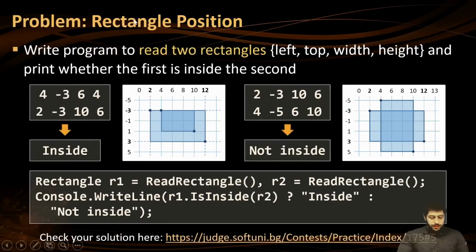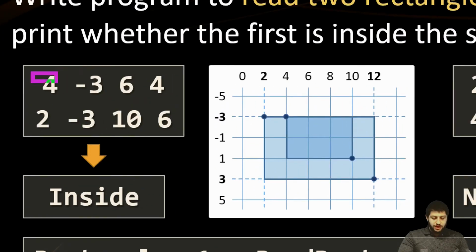Now the way that we need to read the values is that we have 4 and minus 3, which is the x and the y of the top and the left. So we have 4, minus 3, and we have 6. So is 6 the width or the height? Well, as I see here, 6 might actually be the width.